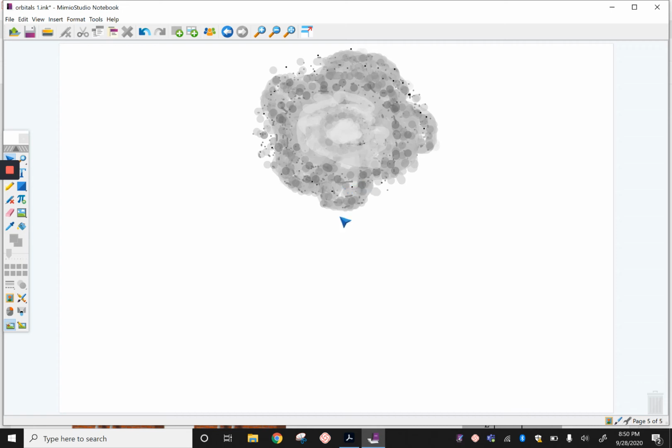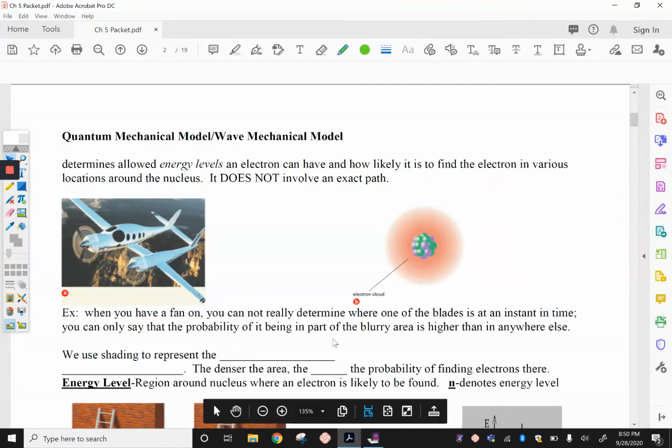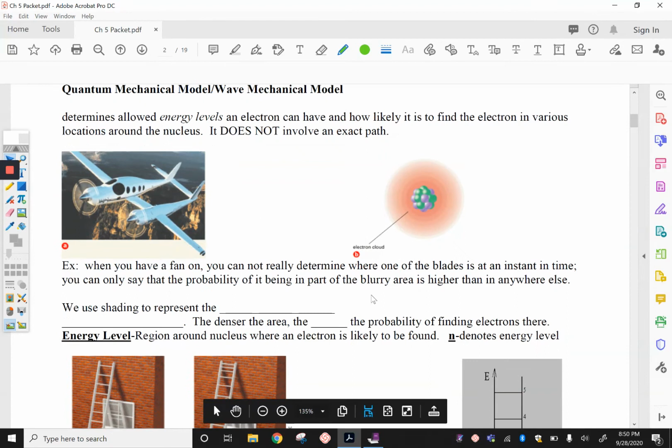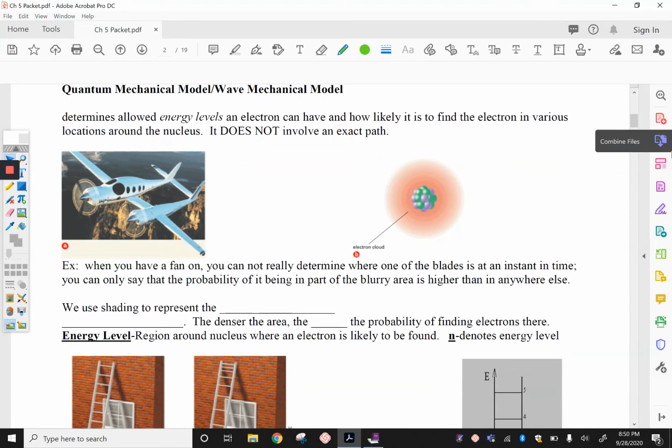And we get this electron cloud, or this blur, and we say the darker the shading, the higher the probability, and the lighter the shading, the lower the probability. So we use shading to represent the probability of finding the electrons in a given spot in the atom.